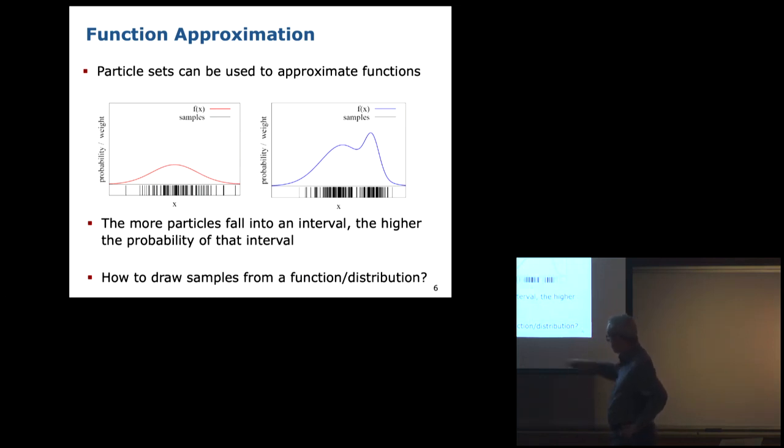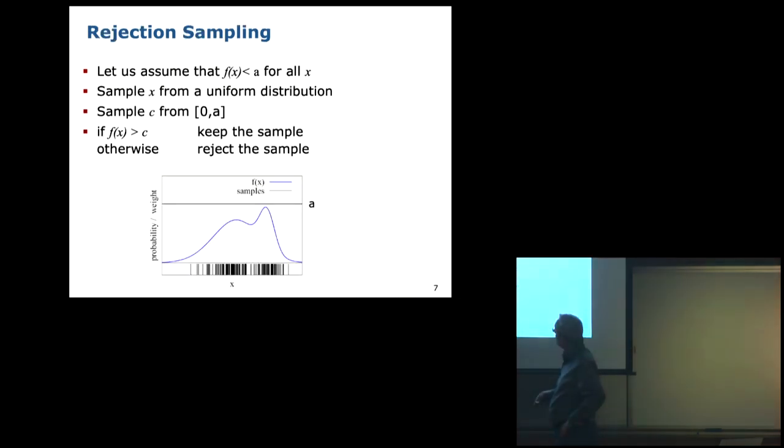And the key question is, how can we get such a distribution? How can we get hypotheses or samples that are distributed according to a specific function? There are different ways of doing this. One very popular approach is the so-called rejection sampling approach. Let's assume we have this function f over here, and we want samples that are distributed according to that function.